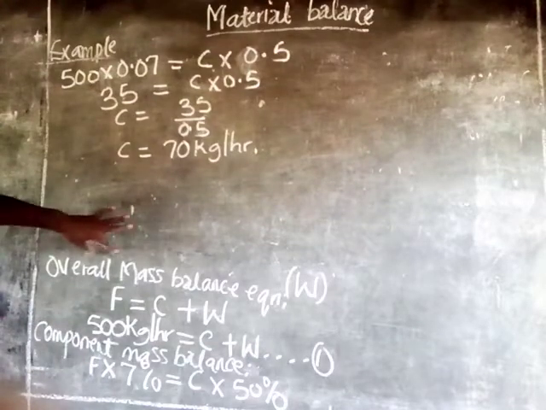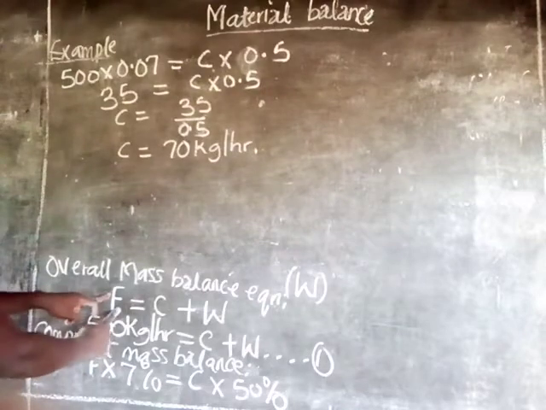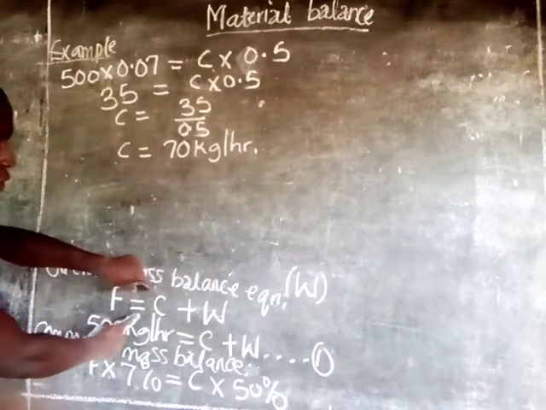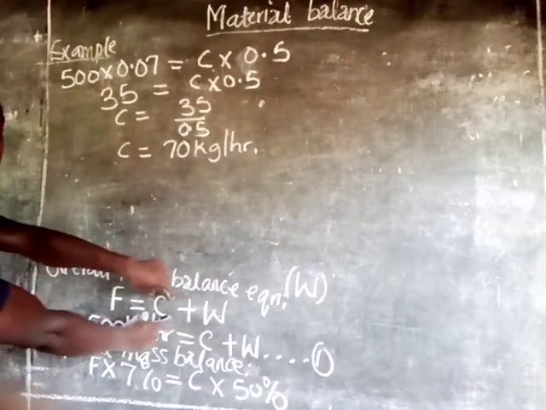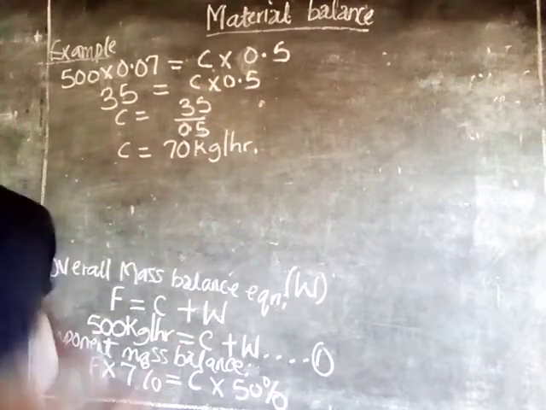Now from our overall mass balance equation, they say that the mass of fresh watermelon juice is equal to the sum of the mass of concentrated watermelon and the amount of water that was removed.